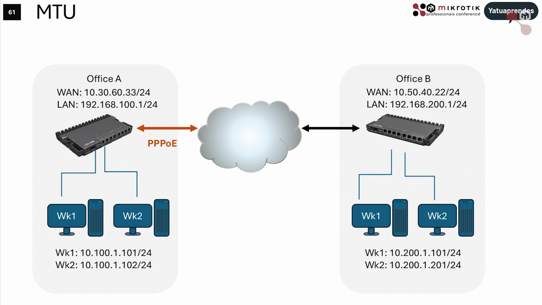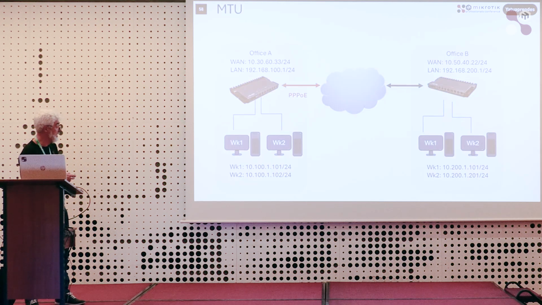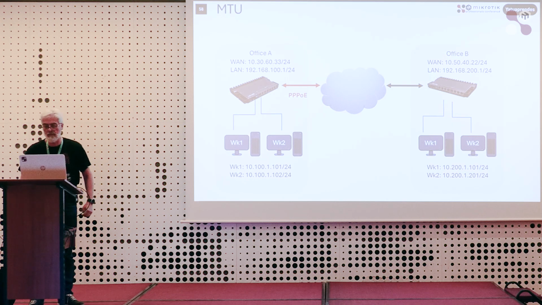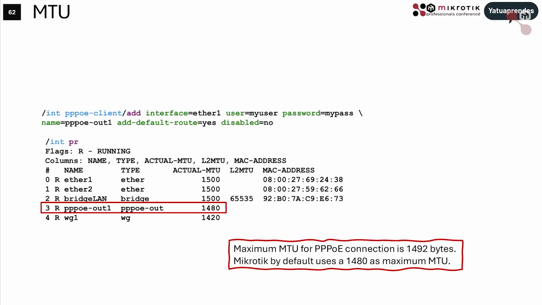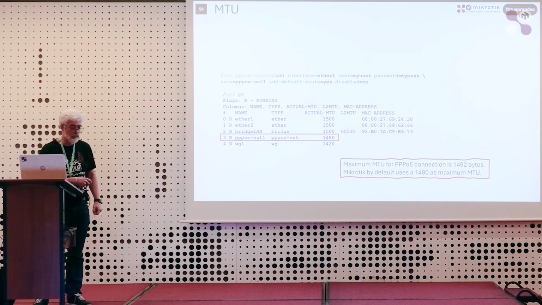Then, that's for a normal Ethernet connection, but our ISP gives us a PPPoE connection. We configure it on our MikroTik, and it gives us 1480 bytes. We know that the maximum MTU for a PPPoE connection is 1492 bytes.